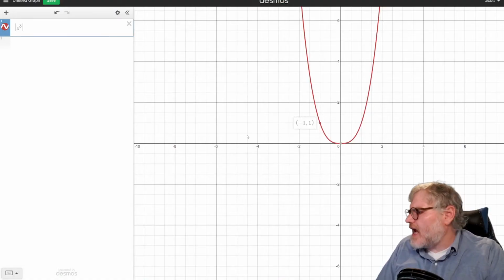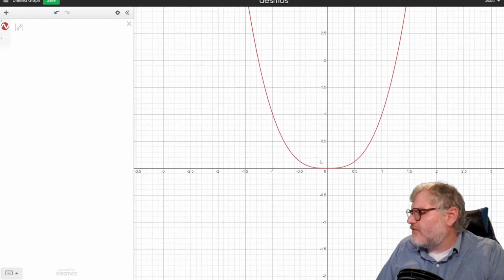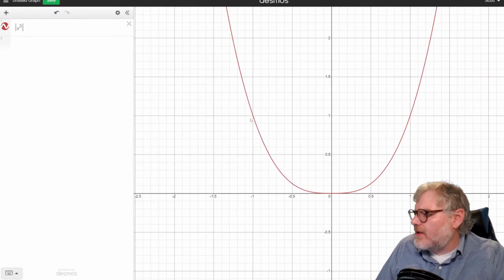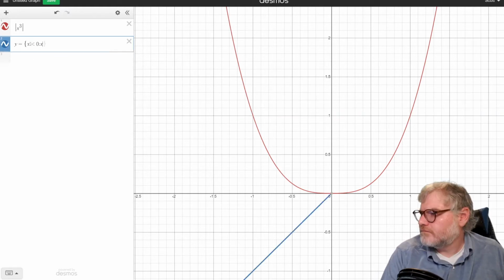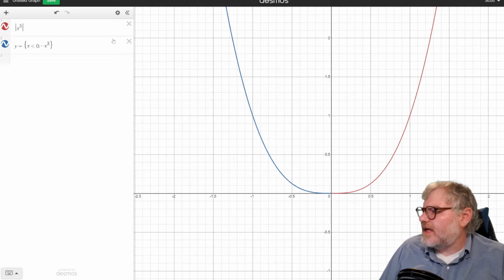So as I say, here's the absolute value of x cubed. Now, if I wanted to do this, I'd split it up into this integral here, which is the absolute value.